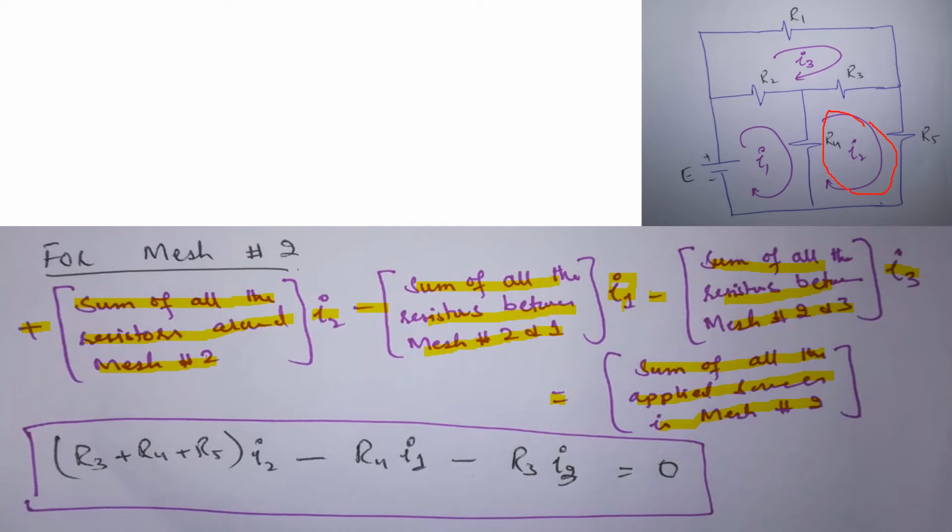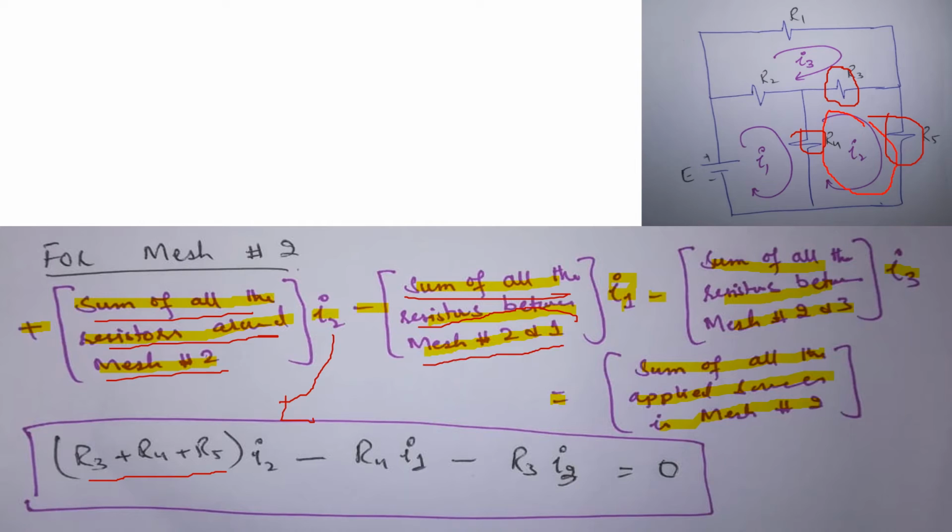Now substituting the values in this relation, the sum of all the resistors around mesh 2 is R3, R4 and R5, so we can write (R3 + R4 + R5) multiplied by I2, minus the sum of all the resistors between mesh 2 and mesh 1.